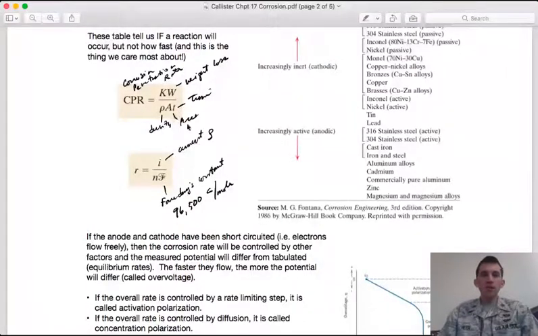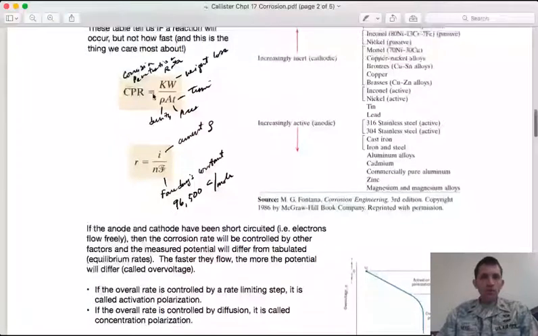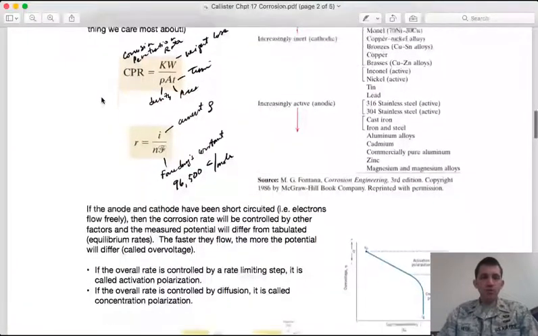If you have weight loss over a smaller area, then you're going to have a higher penetration rate. This is kind of a low-tech way of thinking about it.